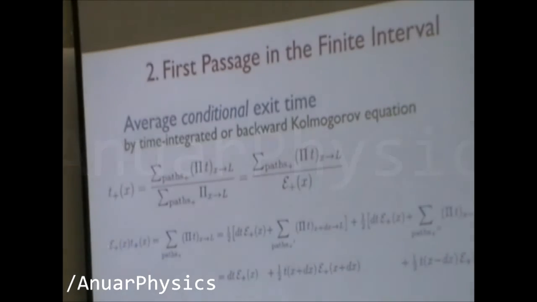But again, e plus t plus is a sum over all paths that go from x to the right side, and then it's the product of the probability of the path times the time of the path. Everything is the same as before. It's just a little bit more bookkeeping you have to keep track of.